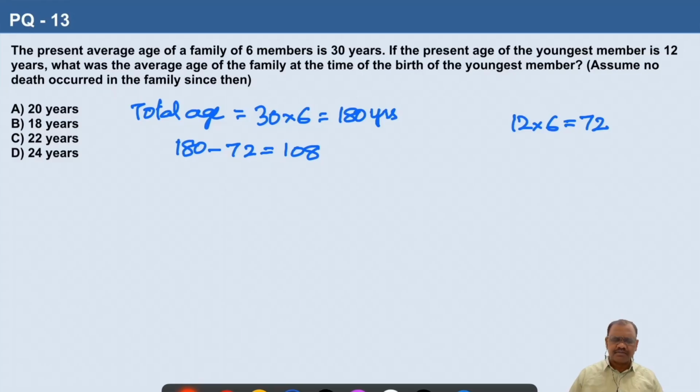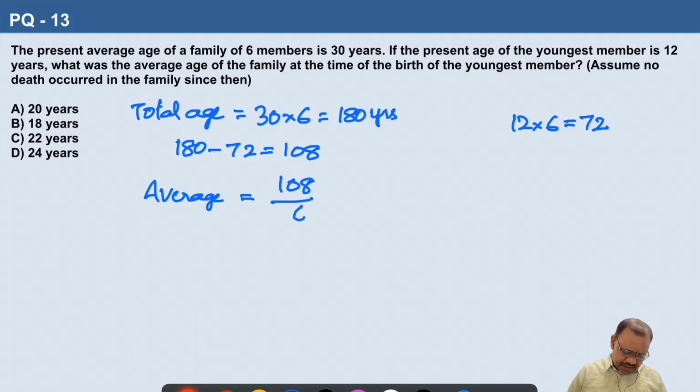So now we have to find the average of the age of the 5 people at the time of the birth of the youngest member. The sum of the ages is 108. There were 5 people in all, and when the youngest member was born, it becomes 6 members.